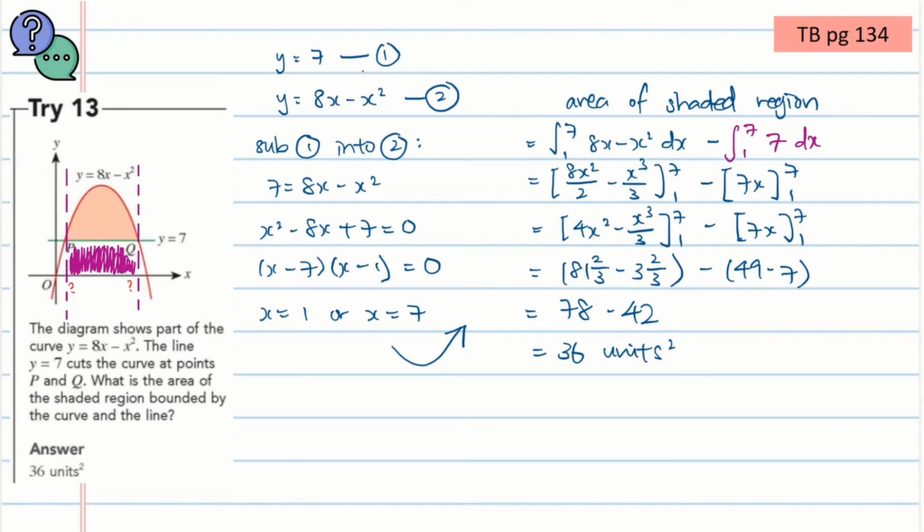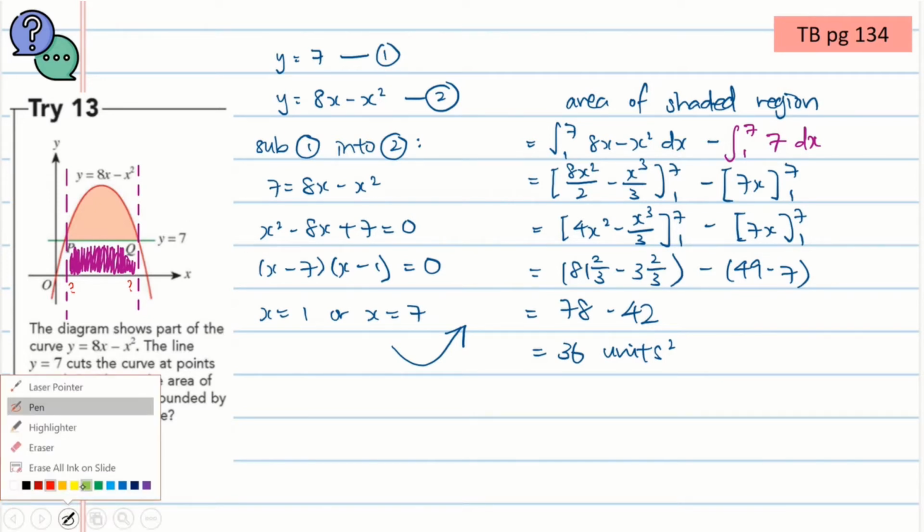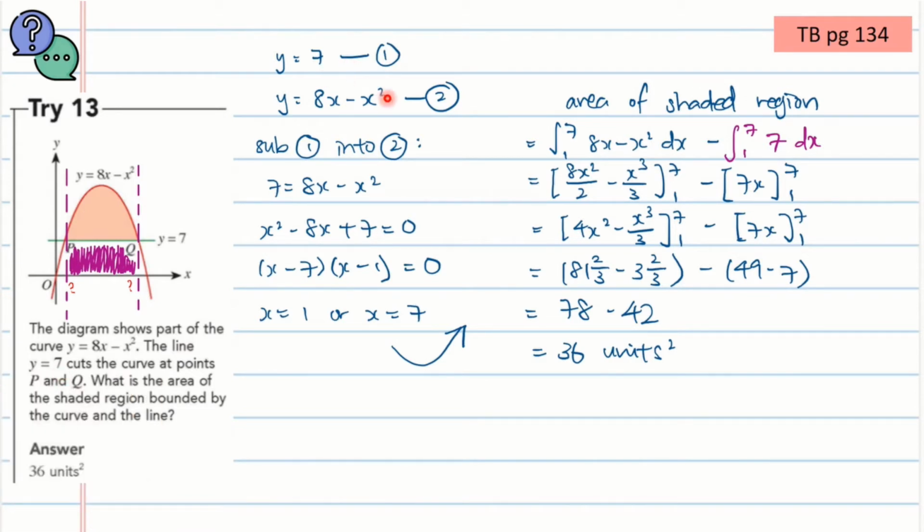So what we will do is simultaneous equation solving, which we have over here in the very first column. And then we do our substitution method and solve that x equals 1 or x equals 7. So now I have deduced that x equals 1 over here and x equals 7 over here.